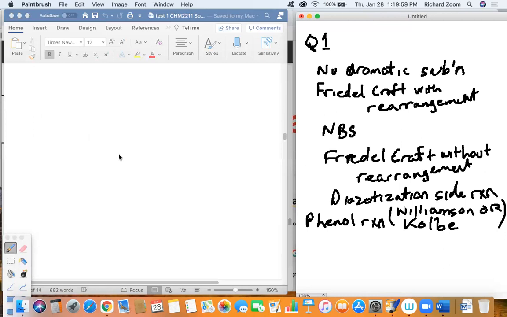And then the remaining ones will be generally second or third substitution. So I guess you'll have a third substitution reaction in there as well. And then the remaining ones will be second substitutions.